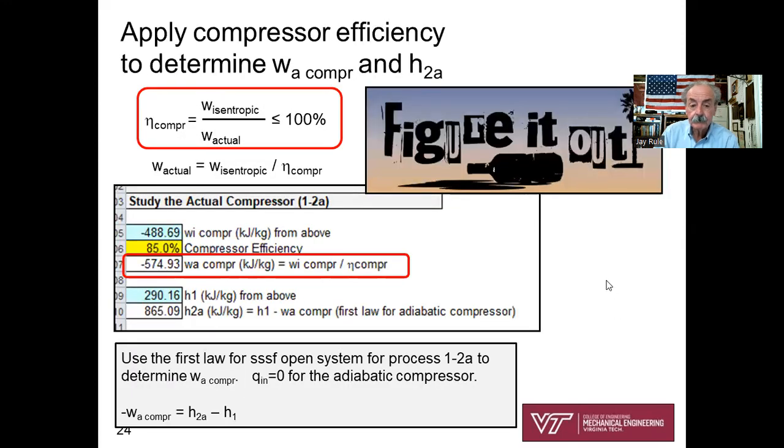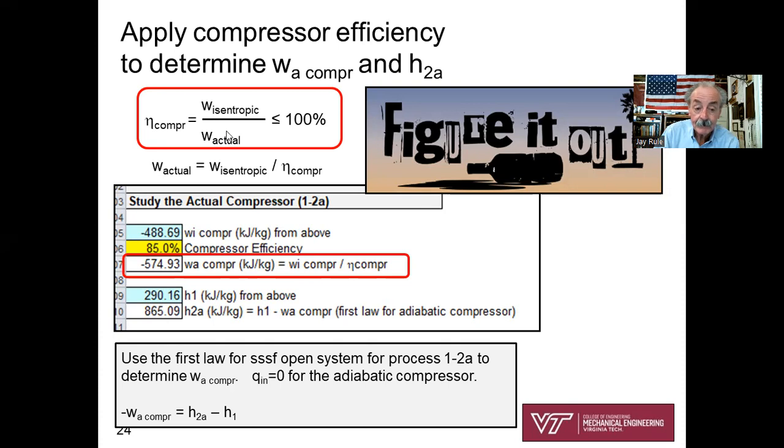Well, next step, we're looking for the actual work required to drive the compressor. So we write down the compressor efficiency definition. My claim is you ought to be able to figure it out without going to a formula sheet or the textbook. The compressor efficiency is the isentropic work, Wi, divided by the actual work, Wa.